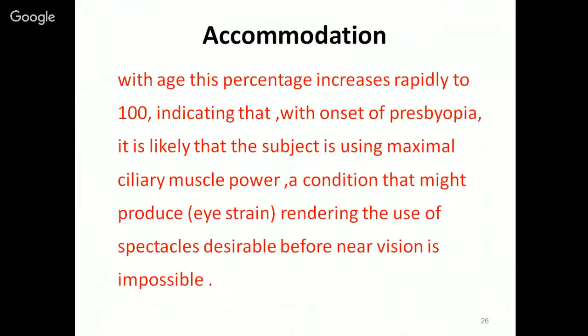It is likely that the subject is using maximal ciliary muscle power, a condition that might produce eye strain, rendering the use of the spectacle desirable before near vision is impossible.